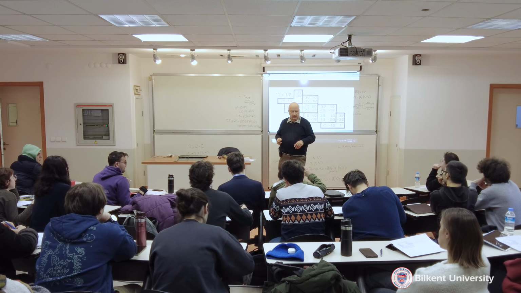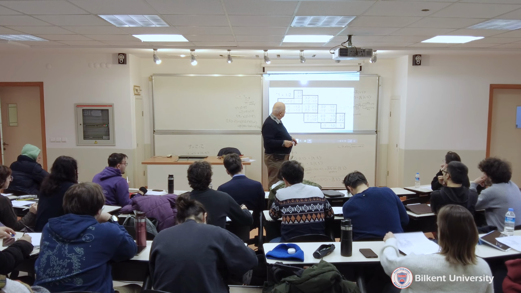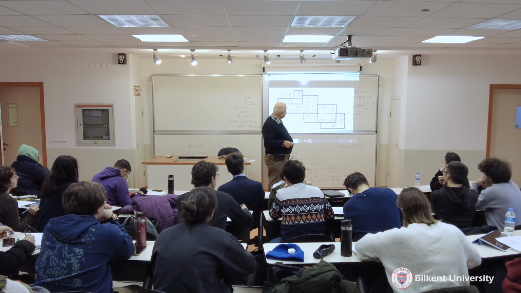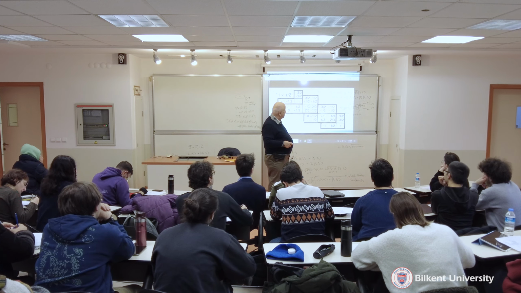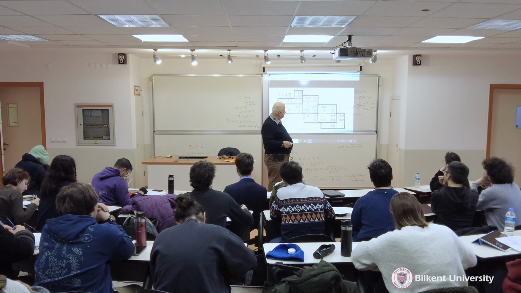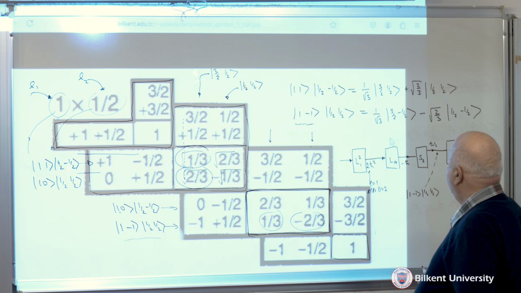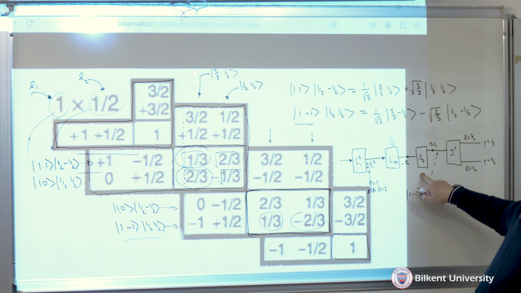Okay, yes? Hocam, I couldn't understand this measurement stuff. We measured L1Z, and how can it affect the spin measurement? We said it's definitely going to come out 1, minus 1. No, it doesn't affect the spin measurement. Okay, let's go through it again. I measure L1 squared, I measure L1Z, and then I measure the spin of the second object.